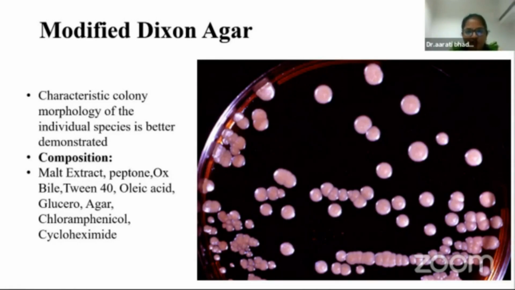It can be used for the primary isolation of Malassezia. Whenever the sample comes with suspected pityriasis versicolor, we have to go for modified Dixon agar as the primary isolation medium.